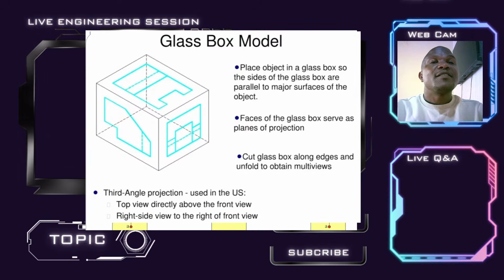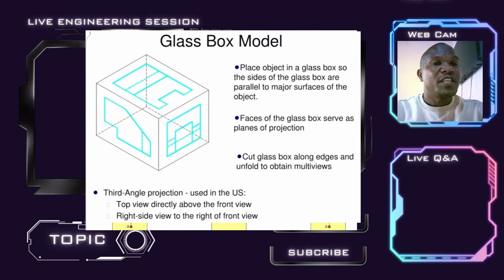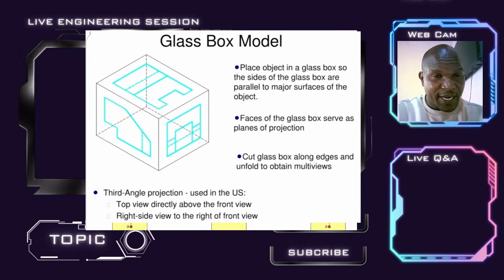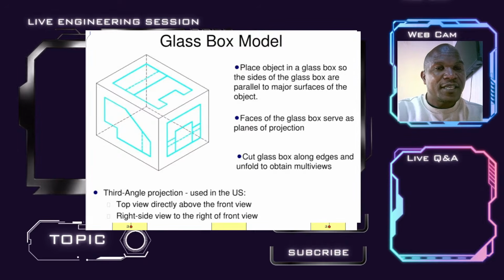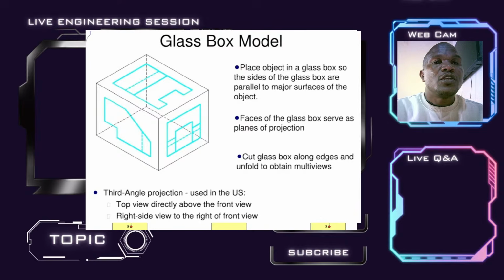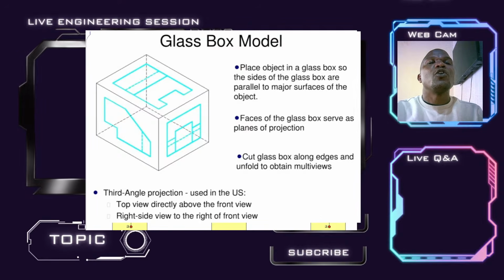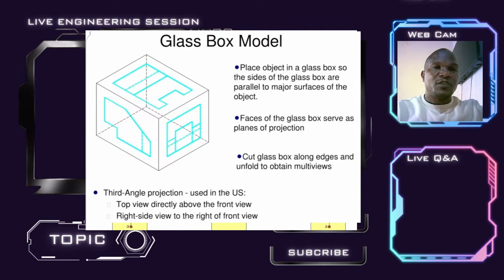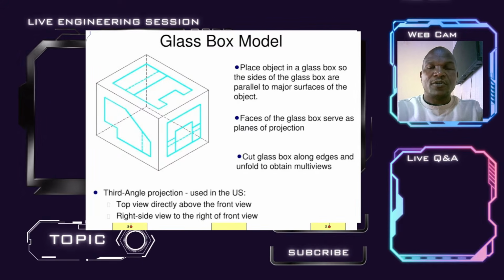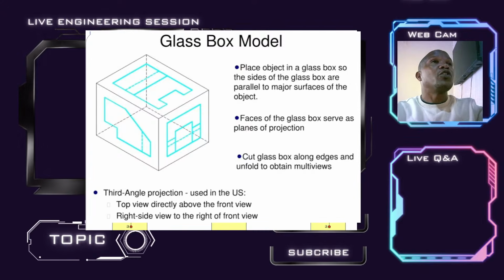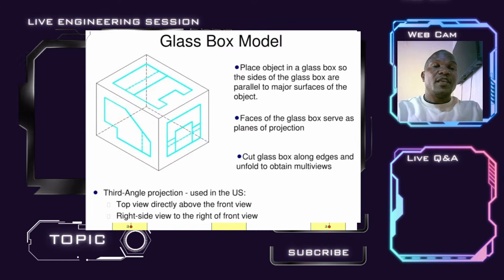If you ask, in this case, for example, viewing this box from the right side, do the side view. So the side view is going to be projected on the left side, or in this glass box it is going to be projected on the rear side, and therefore the side view is going to be drawn on the left side of the front view, and vice versa.